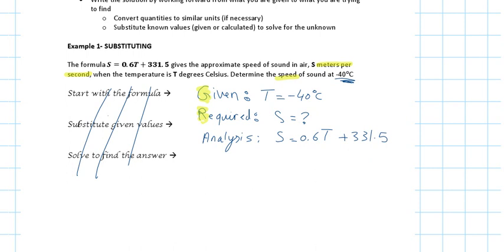Solution. Knowing T, do I need to rearrange? No, I just plug in. I just substitute, right? So all what I have to do here is substitute the value of T.